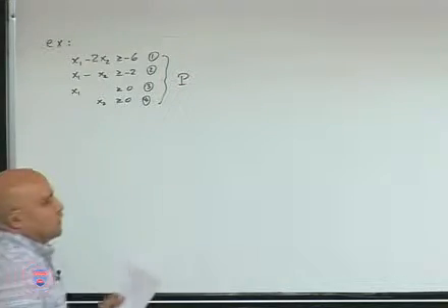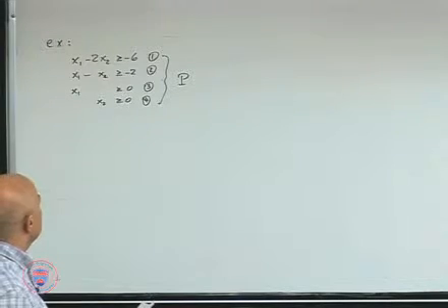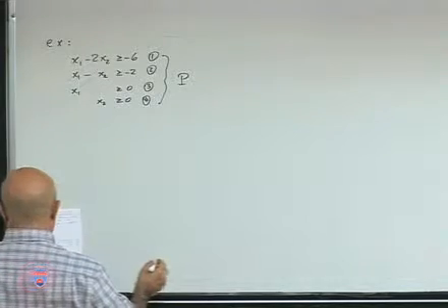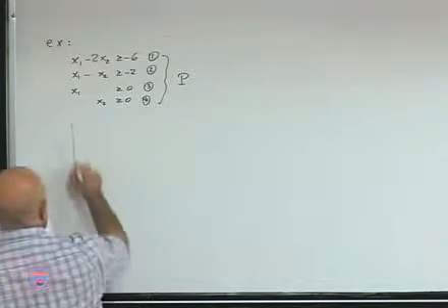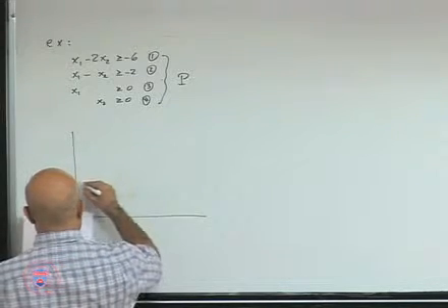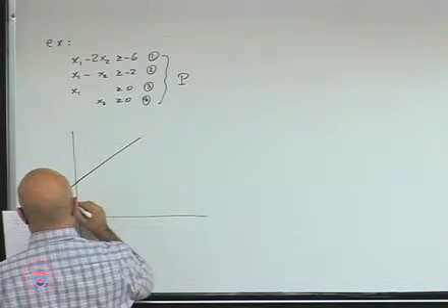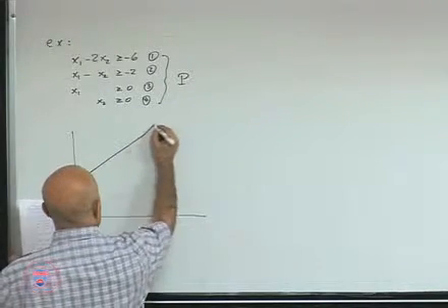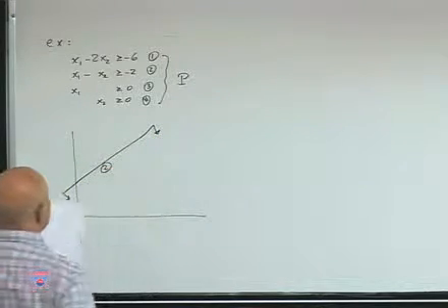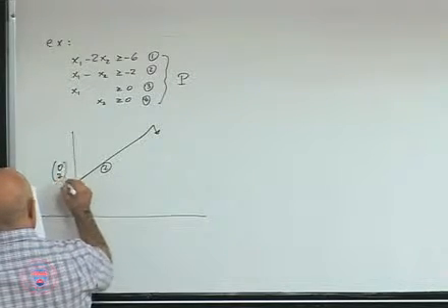So I've got 4 inequalities in 2-dimensional space, and it gives me the polyhedral set. Of course, when you plot this, you get something like the following. You have one constraint that goes like that. That's your number 2 constraint. And this is 0, 2 here, this point.